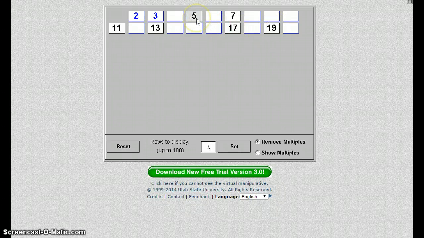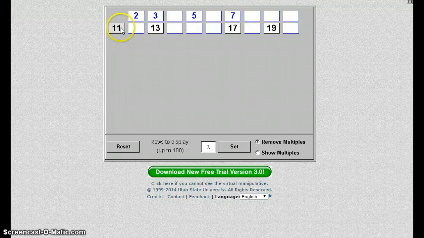Now 5, if it was divisible by 2 or 3, it would have been removed in the process of removing the multiples. So it's prime. None of the remaining numbers are divisible by 5, so they're all still candidates. 7 is not divisible by any of the numbers less than it, or else it would have been removed. Multiples of 7, like 14 and 21, have already been removed by the previous numbers.